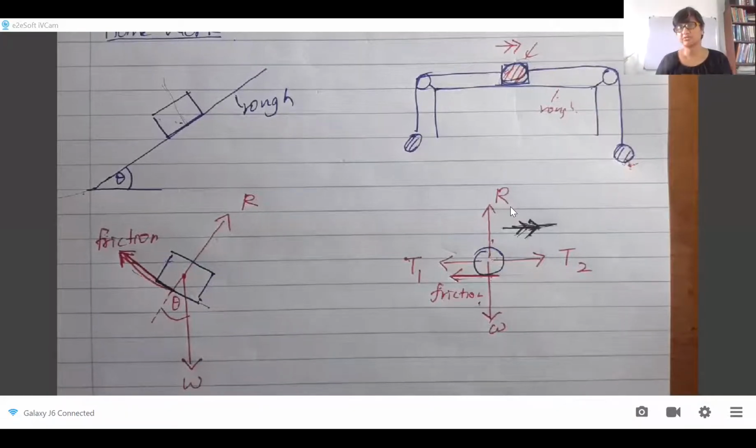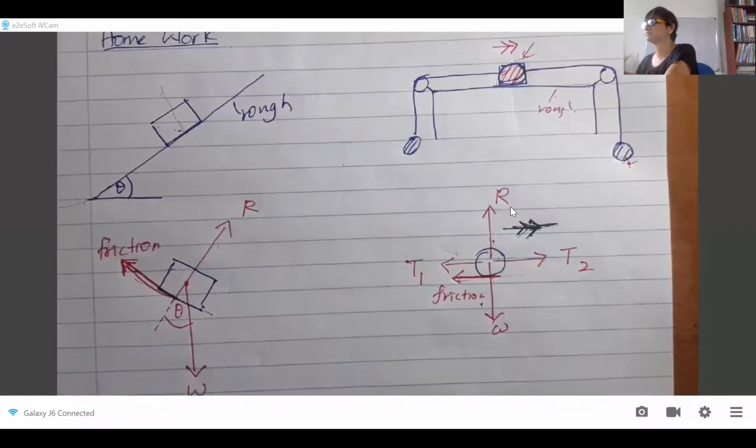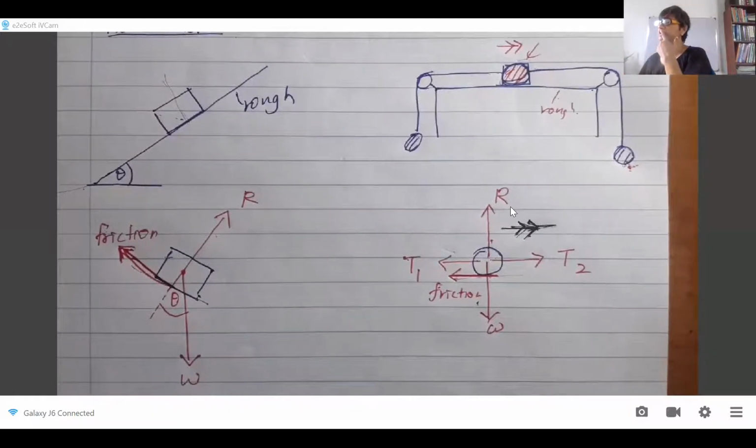Check all your free body force diagrams. Never. You look around you and see whether you can find one object on which only one force is acting. You won't find it.